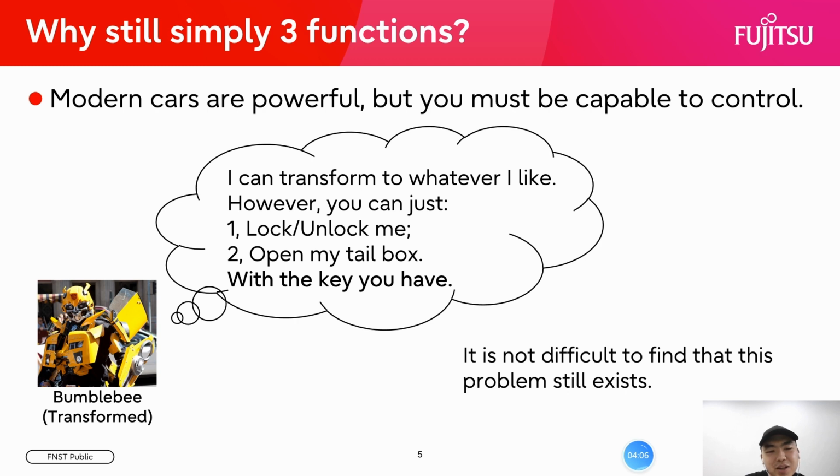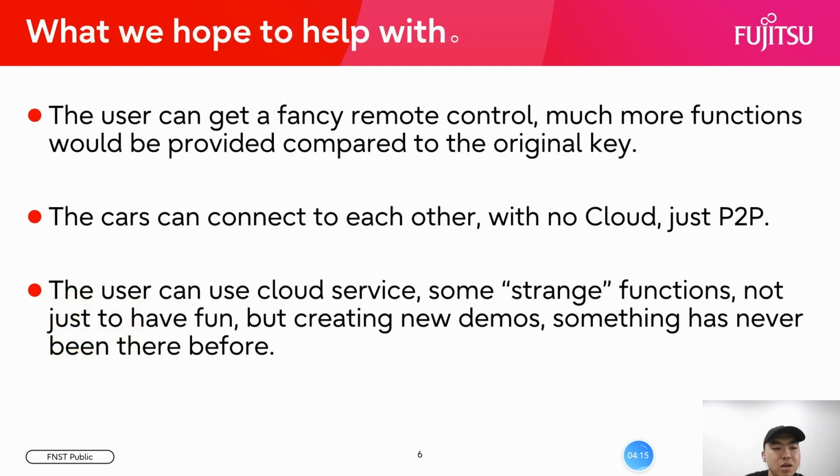So I actually find that this kind of problem still exists on modern cars. So what I wish to help with is, first of all, I hope that the owner of the car gets a gorgeous remote control that has more features than the original key in my hand.